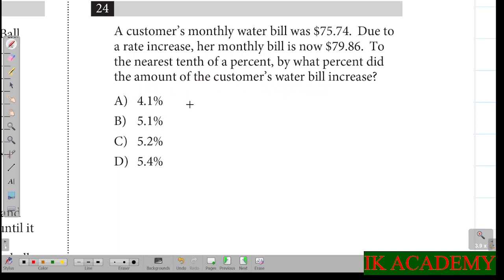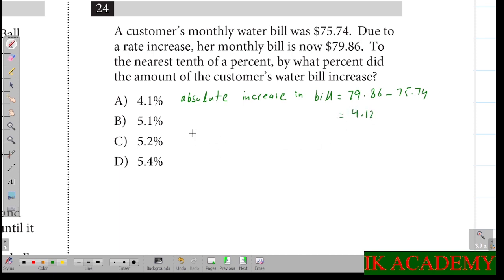So we can find the percent increase in bill by dividing the absolute increase in bill by the original bill multiplied by 100. Absolute increase in bill is equal to $79.86 minus $75.74, which is equal to $4.12.